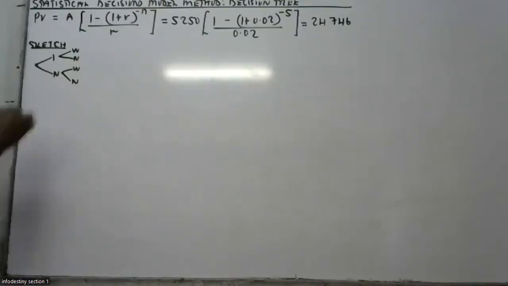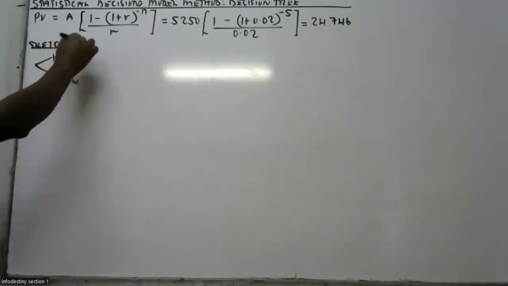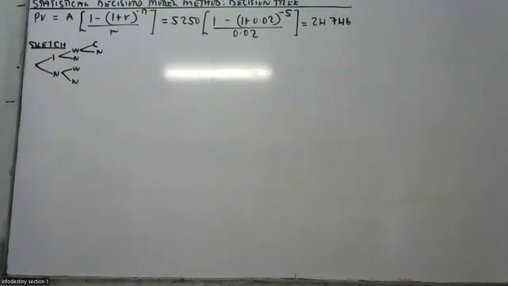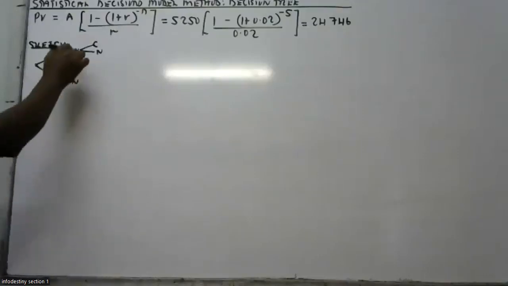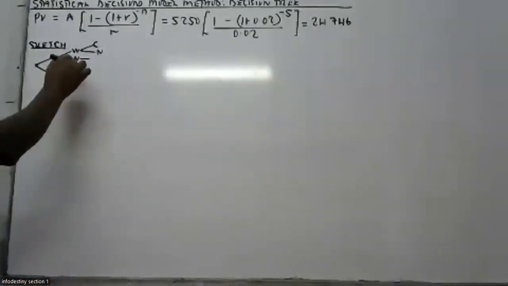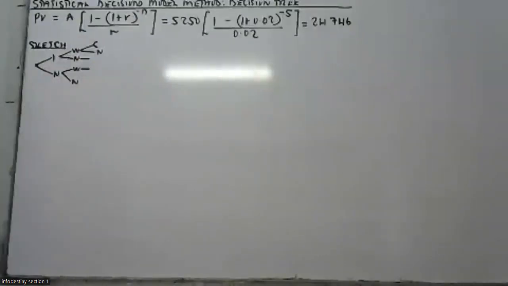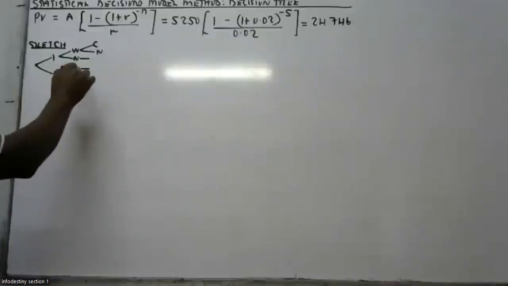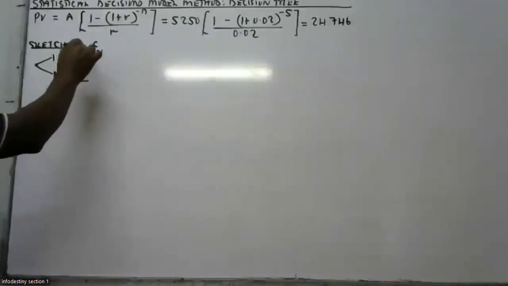For those which are worth it, you will attempt to correct, and therefore they will be corrected or not corrected. But the ones that are not, you don't attempt to correct. The same case here, if you do not investigate, there is no correction, and even here there is no correction. So that tells you we are going to have a tree that has 5 tails: 1, 2, 3, 4, 5.